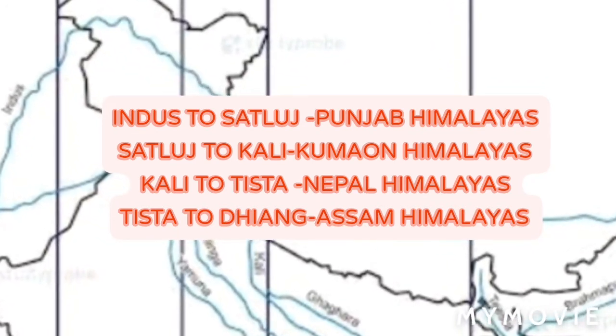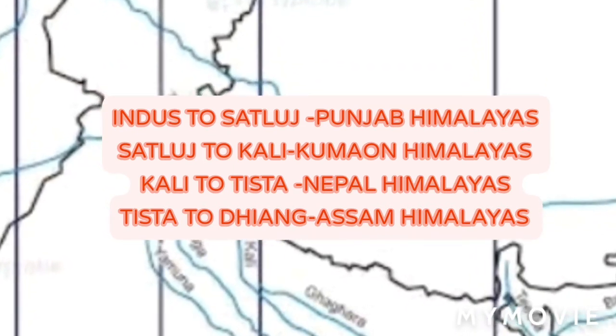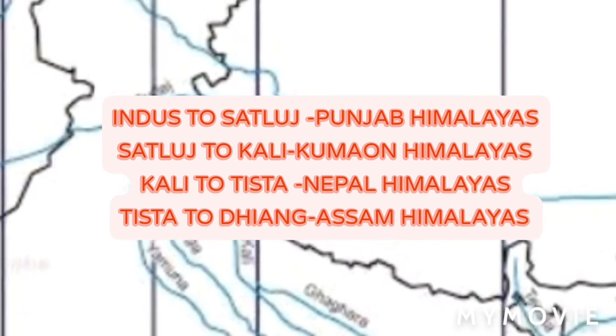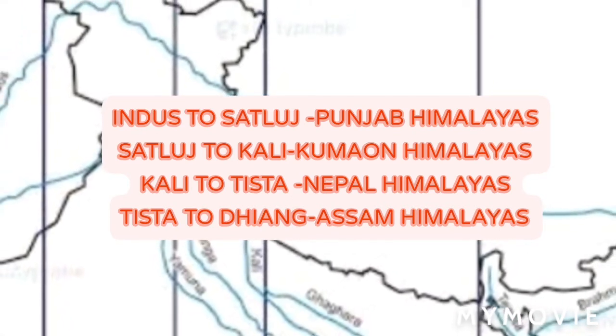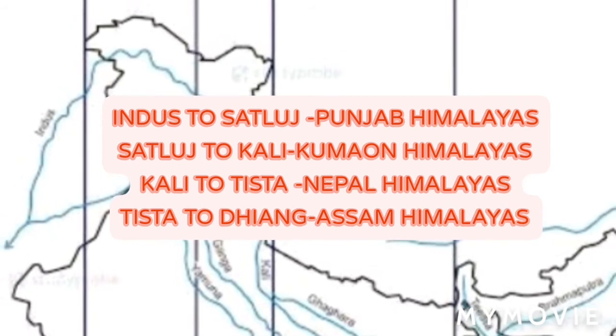The part of Himalayas lying between Satluj and Kali rivers is known as Kumaon Himalayas. The Kali and the Tista rivers demarcate the Nepal Himalayas, and the part lying between Tista and the Dihang rivers is known as Assam Himalayas.